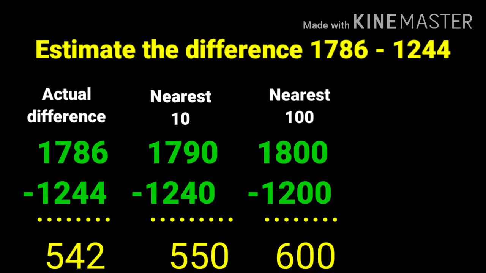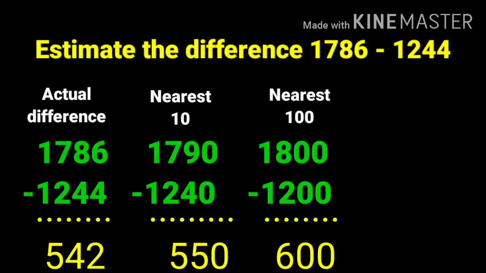Now 1244 lies between 1200 and 1300, and 1244 is nearer to 1200. Now for the estimated difference to the nearest 100, 1800 minus 1200, we get 600.